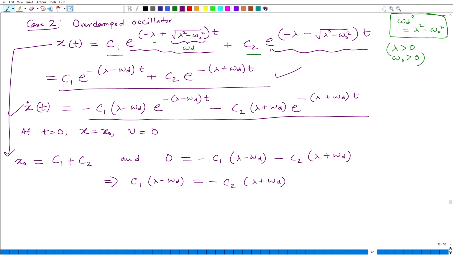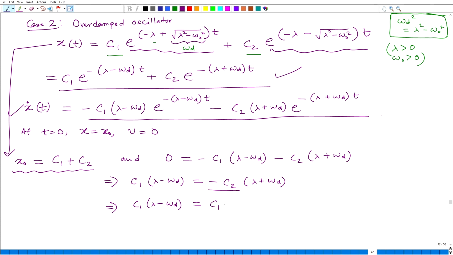And you can always write that C2 is equal to x0 minus C1. So C1 (lambda minus omega d) is equal to minus C2 (lambda plus omega d), and minus C2 you can just write as C1 minus x0.